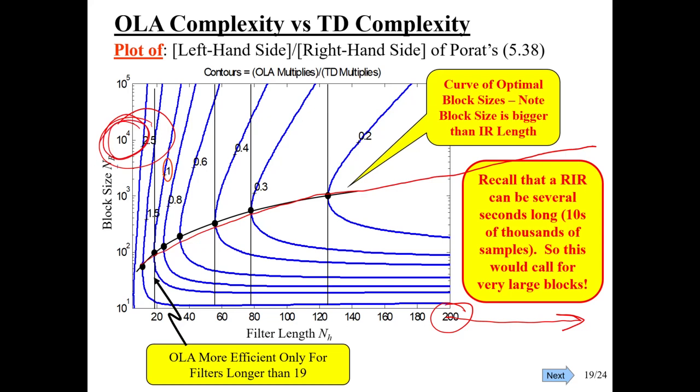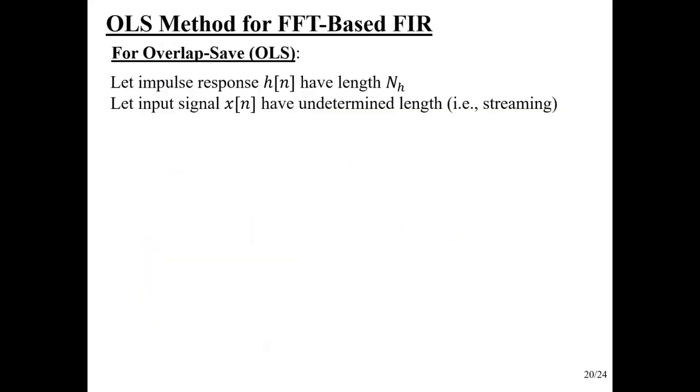That's a long time to wait to get output, right? If you're playing guitar and you want to hear the note you just played, you don't want to wait a quarter second for it. In fact, even just a few tens of milliseconds is going to screw up a musician playing. So we don't want that. You can already see we're heading to a point where even this is not acceptable. That's why we have the next note set. Okay, so that's overlap add.